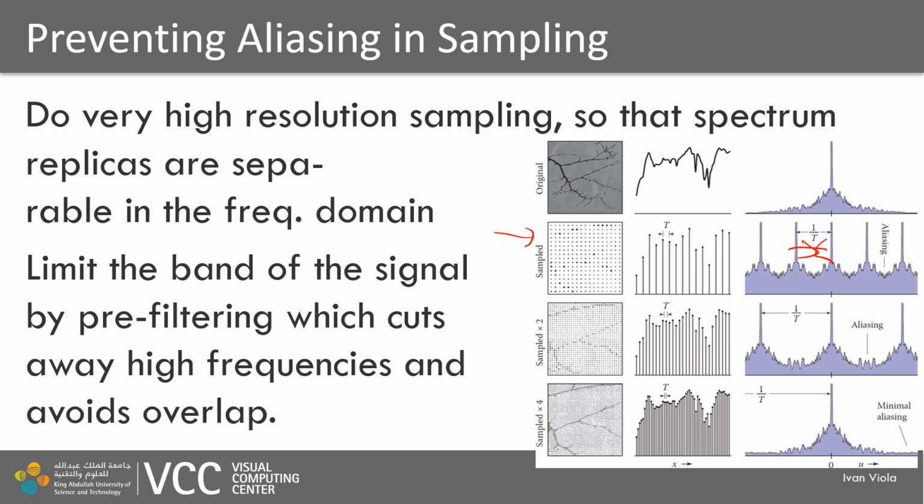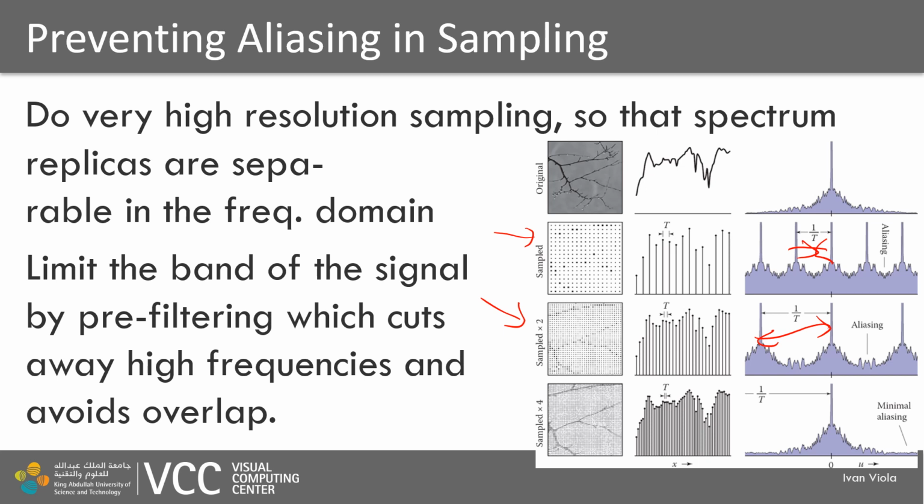But if we increase the sampling rate, which is the double sampling rate shown here, we can see that the aliasing spectra are getting further away from each other. And if we have a band limited signal, then there are only certain frequencies which are present. So there is a certain amount of frequencies which are non-zero in a compact form around the zero frequency, and outside this interval there is zero if we have a band limiting.